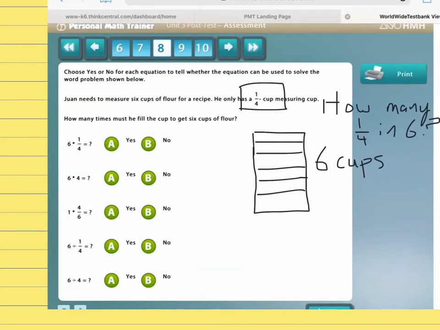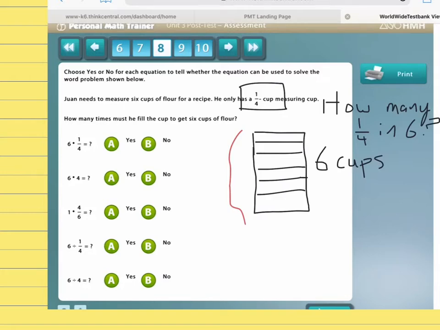Choose yes or no for each equation and tell whether the equation can be used to solve this problem. One needs to measure 6 cups of flour for a recipe. So I've drawn a picture here showing 6 cups. There's my 6 cups. He only has a 1/4 cup measuring cup.